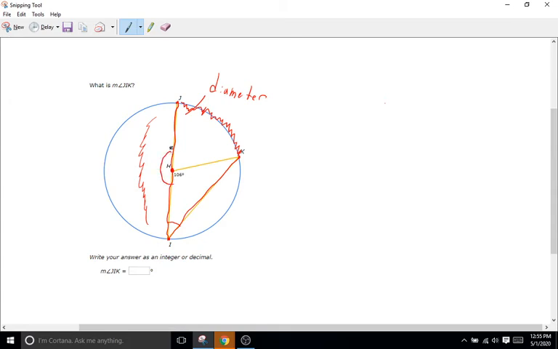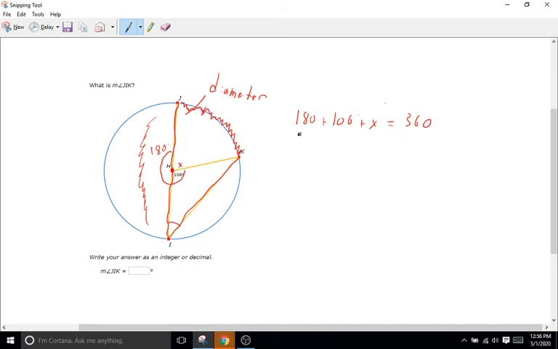Well, if the entire circle is 360 degrees, that means this half circle is 180 degrees, which means we know this angle is 180, this one is 106, which means we can deduce what our missing angle here is, depending on how they add up to 360. So we'll go 180 degrees plus 106 degrees plus, we'll call that angle X right now, equals 360.